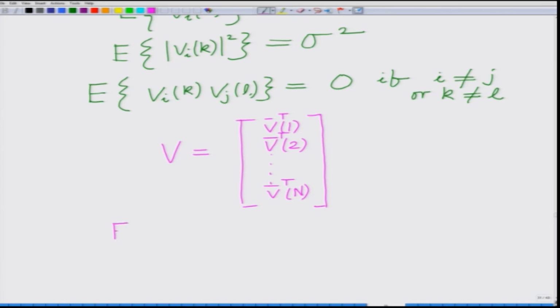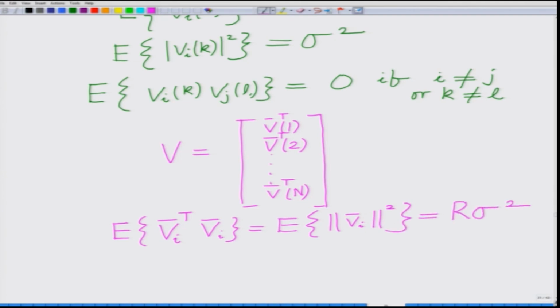I am not going to go through the entire derivation again. Because you have considered IID noise elements, you can show that expected value of Vi bar transpose Vi bar, that is expected value of norm Vi bar square, equals R sigma square, where sigma square is the noise variance. Similarly, expected value of Vi bar transpose Vj bar equals 0 if i not equal to j.